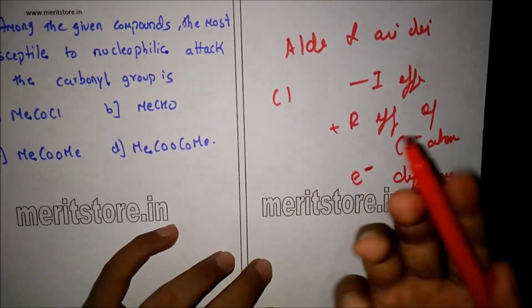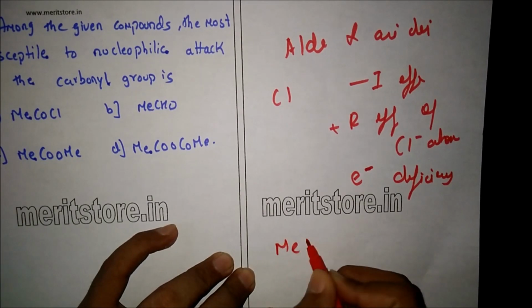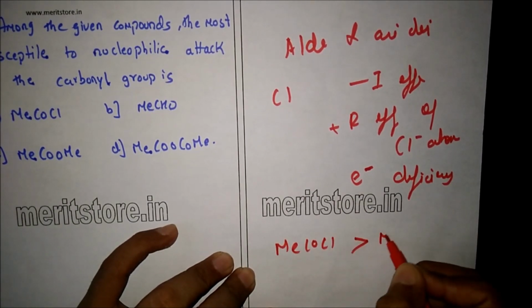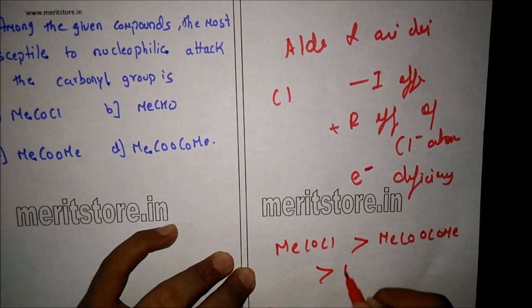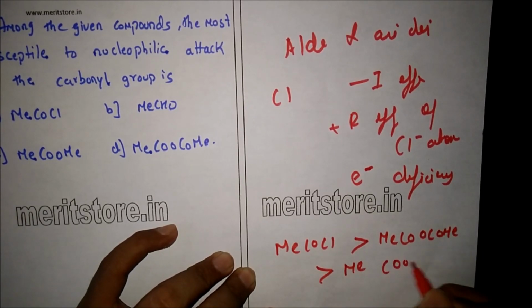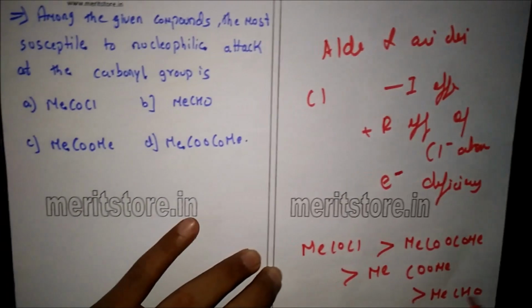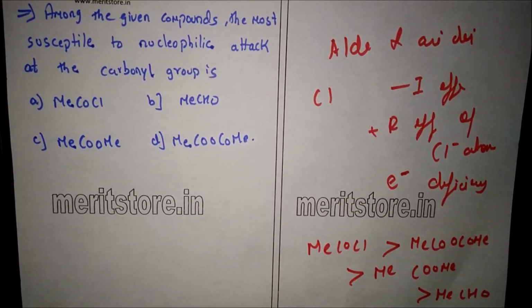Therefore the actual order is MeCOCl is more than MeCOOCOMe, MeCOOMe, and MeCHO. Therefore here the correct answer is MeCOCl, which is option A.